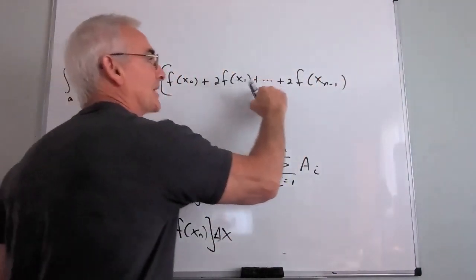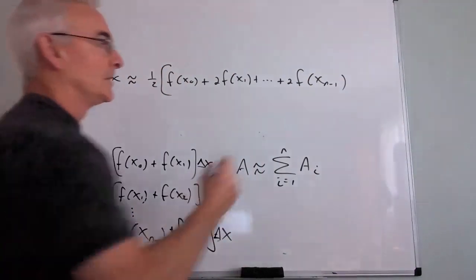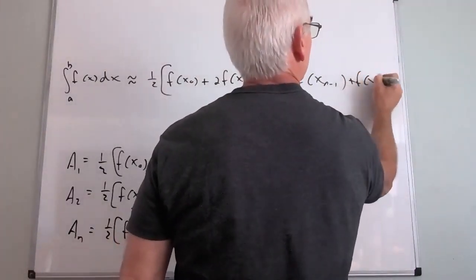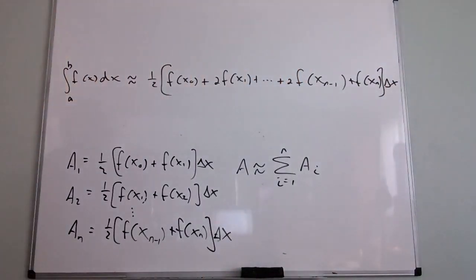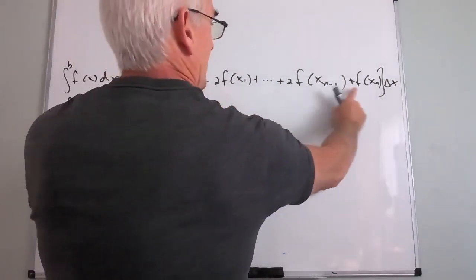The implication here is every single one of these has a 2, plus f of xn, all times delta x, because that's how we set it up. Everything gets a 2 except the first and the last.